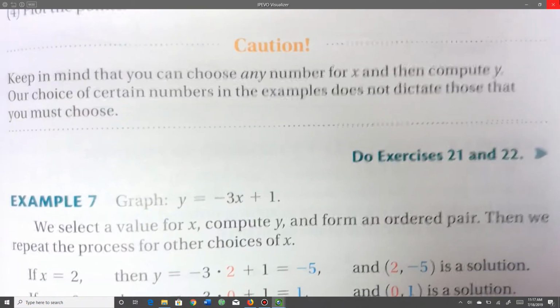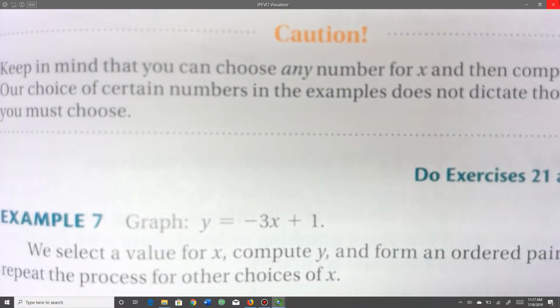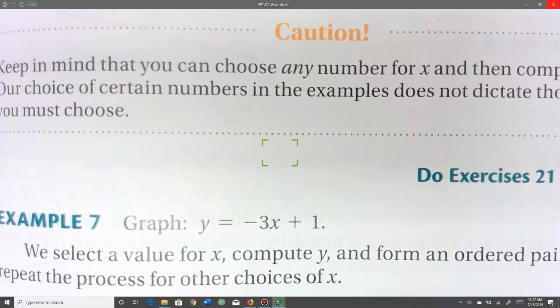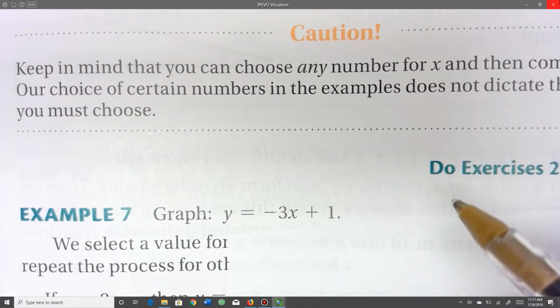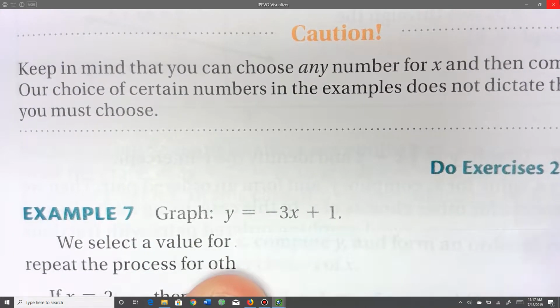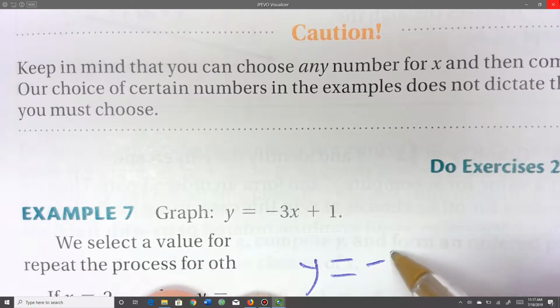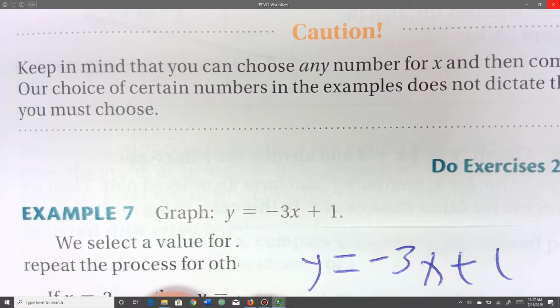They gave us, well, they worked it out already for us, but we are gonna just focus on the equation and go from there. Because like I said, you can graph the equation just with this information, y = -3x + 1, and this is the way you need to work it out.